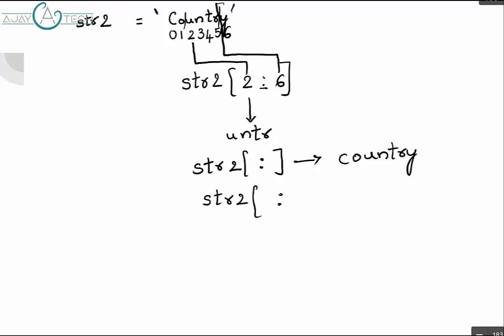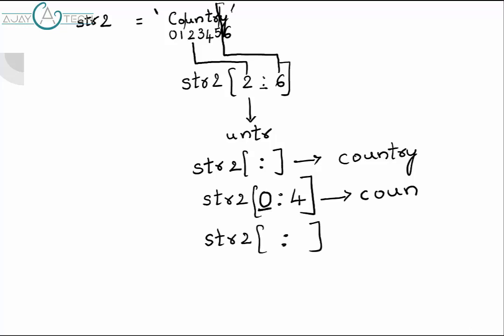Now, if I want to retrieve characters up until index 4, in that case, I can leave the first index as blank or 0, and then the output would be C O U N, because this excludes the index number 4, which is T. Next, if I want to retrieve the characters beginning from the third index number, in that case I can give the first index as 3 and leave the second index as blank.